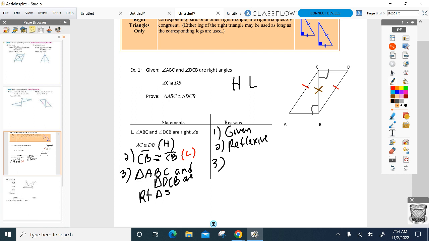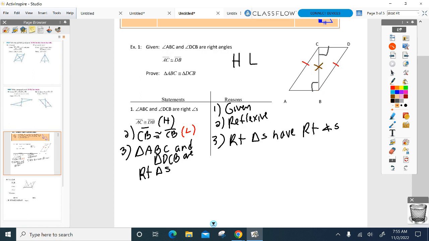Right triangles have right angles. That's the nice reason right there. Once you tell me they're right triangles, then you can say they're congruent by this new method, HL: hypotenuse, leg.